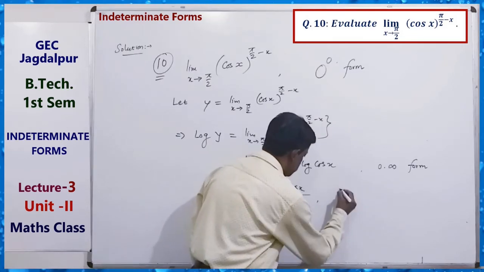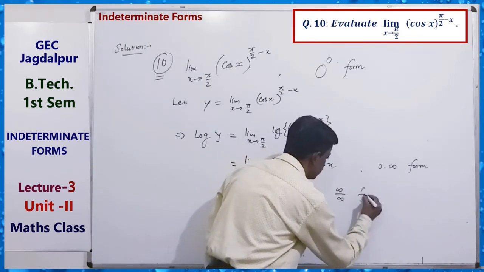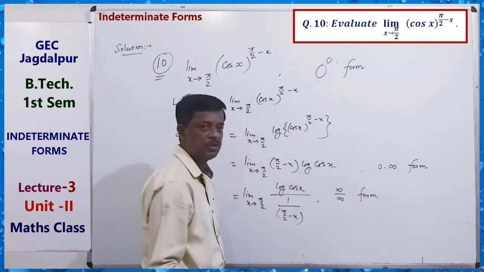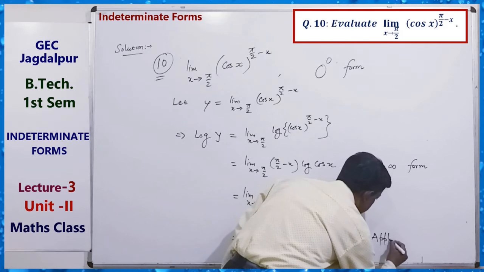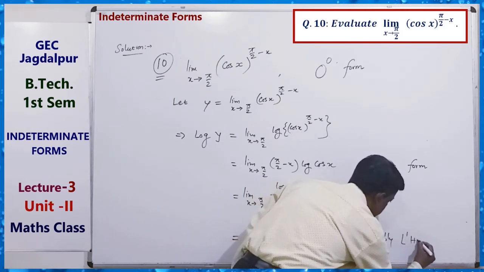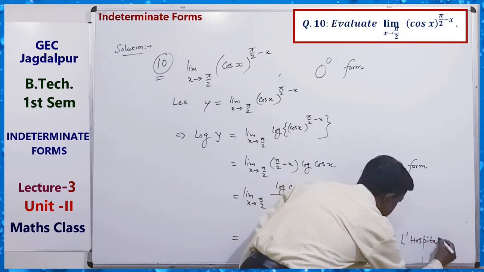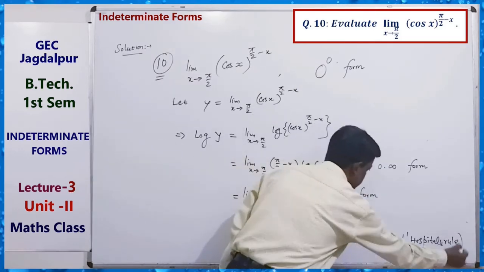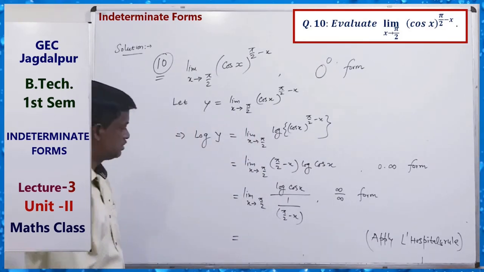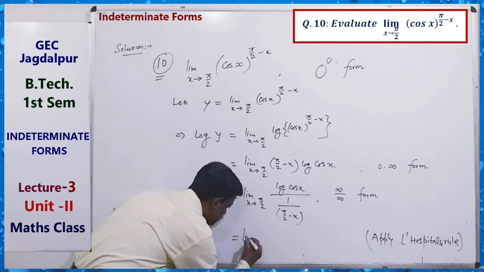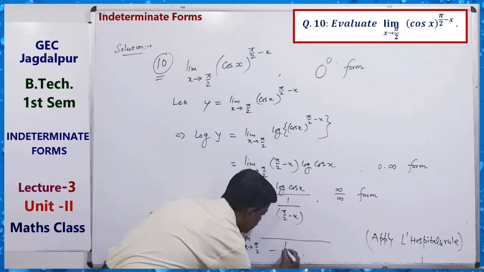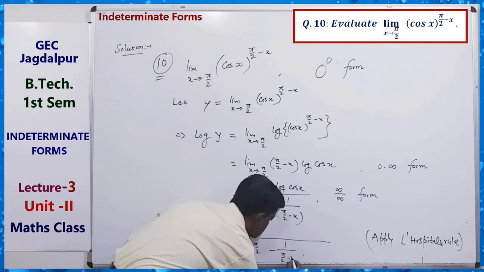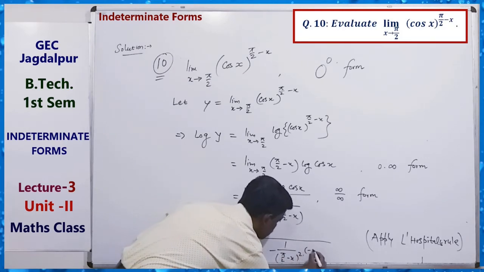So apply L'Hospital's rule. Differentiate it: limit x tending to pi by 2, here minus 1 upon pi by 2 minus x square into minus 1.